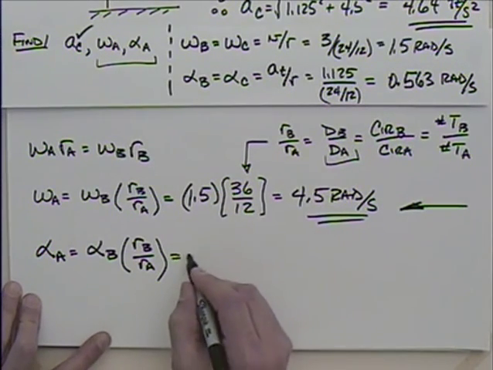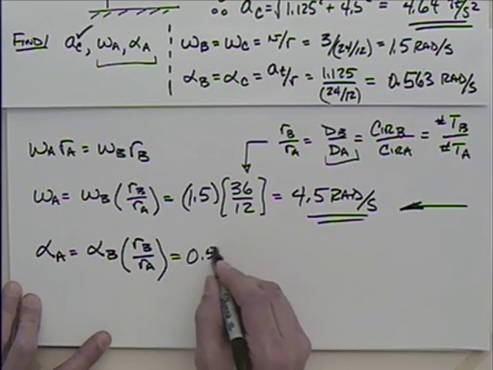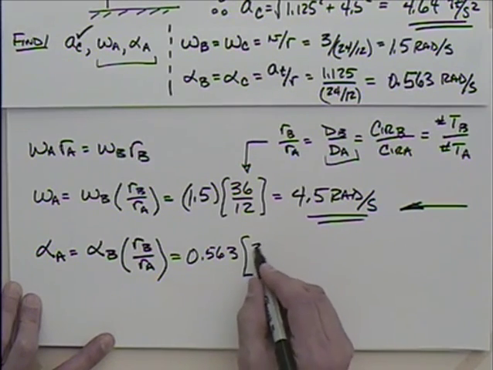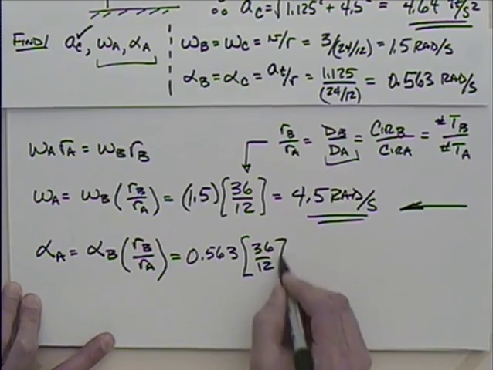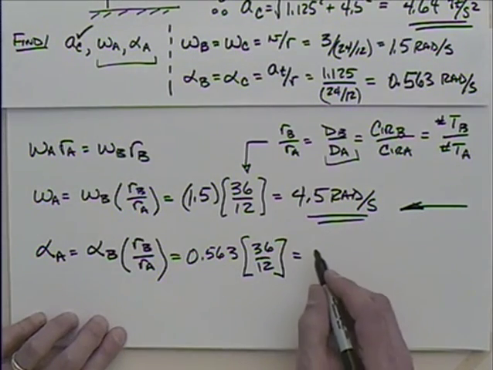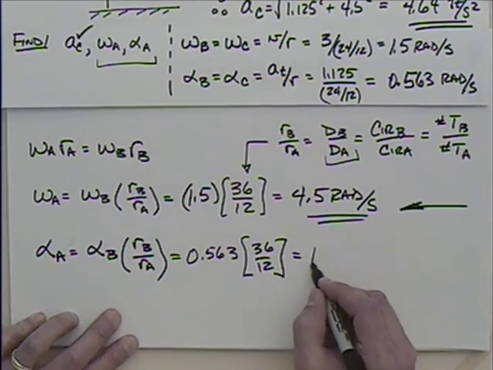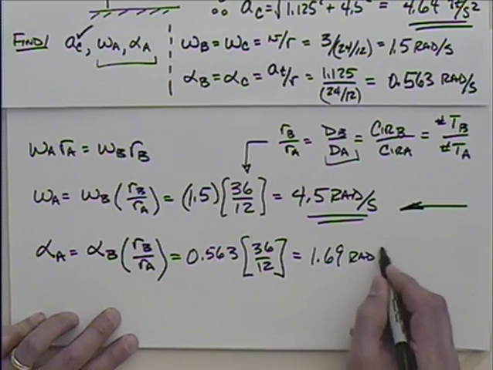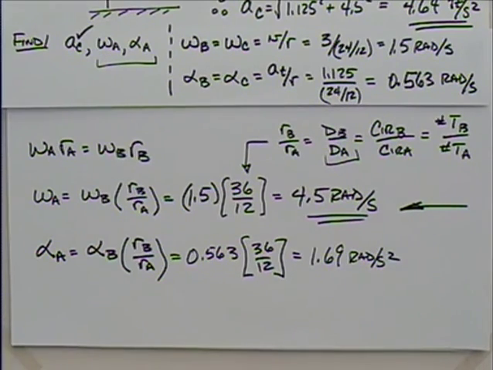So here I'm going to have 0.563. Now multiply again by 36 over 12. And you can use 1.5 over a half if you're more comfortable with that. That's fine. This turns out to be 1.69 radians per second squared.